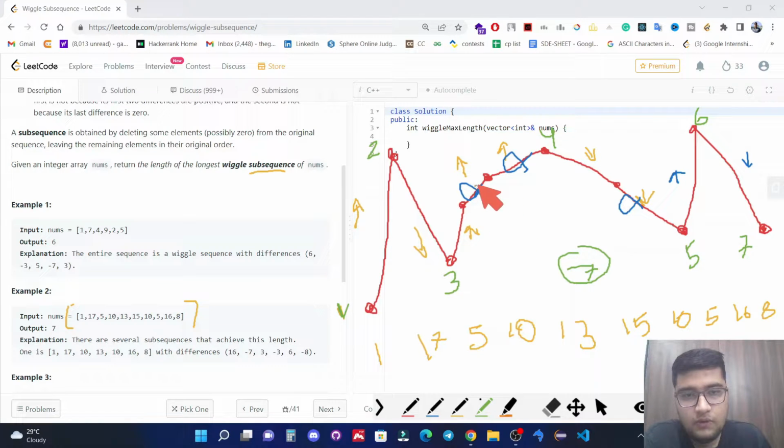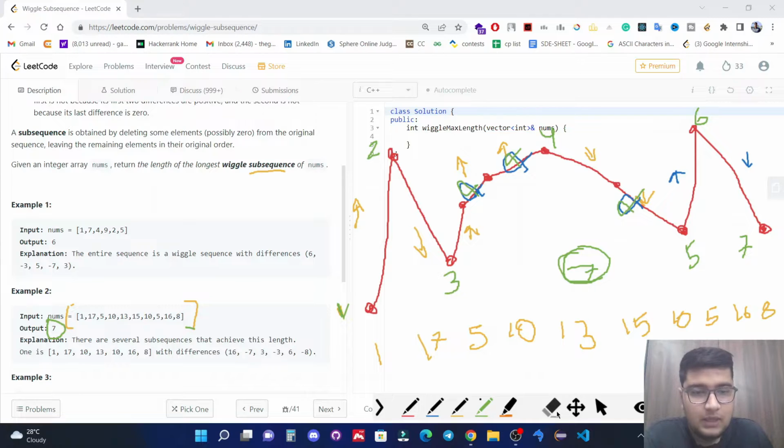We have just removed these elements, or we can say we are not considering these, so we return 7 in this case. I hope the example is clear to you. We are just considering the alternating pattern of positive and negative values, or the alternating up and down pattern. So this is the second example.